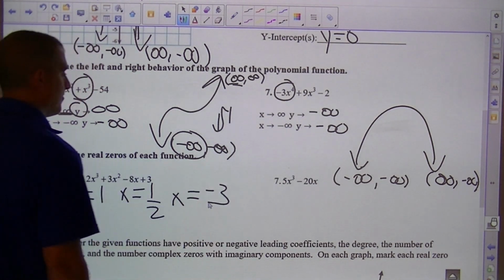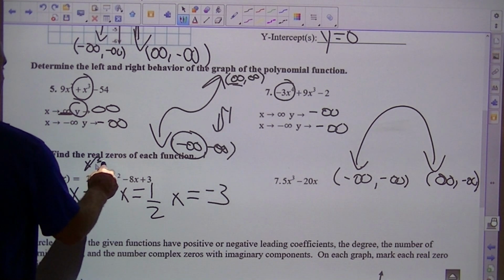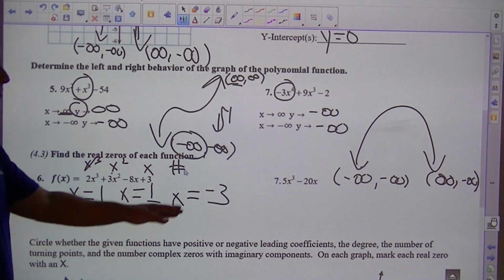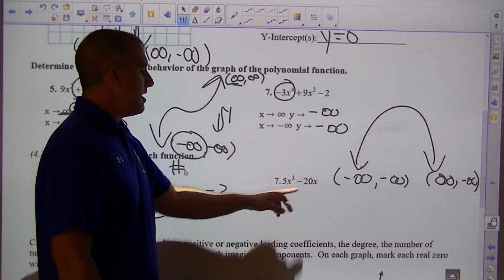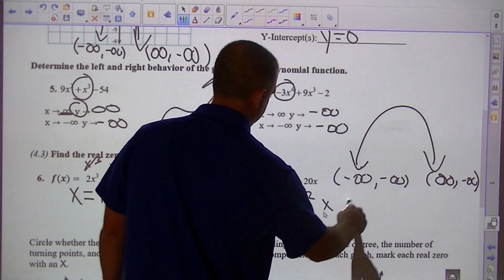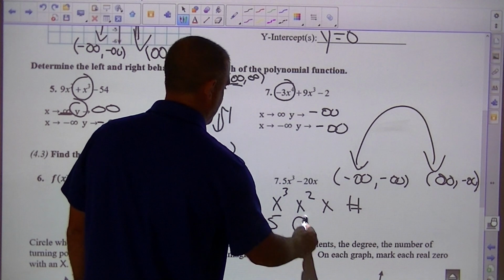Pretty simple. Now, on this one, the idea is this goes from x cubed, x squared, x, and number. Okay? We still have to do that here. The problem is we have an x cubed term, which is 5. No x squared term, that would be 0.